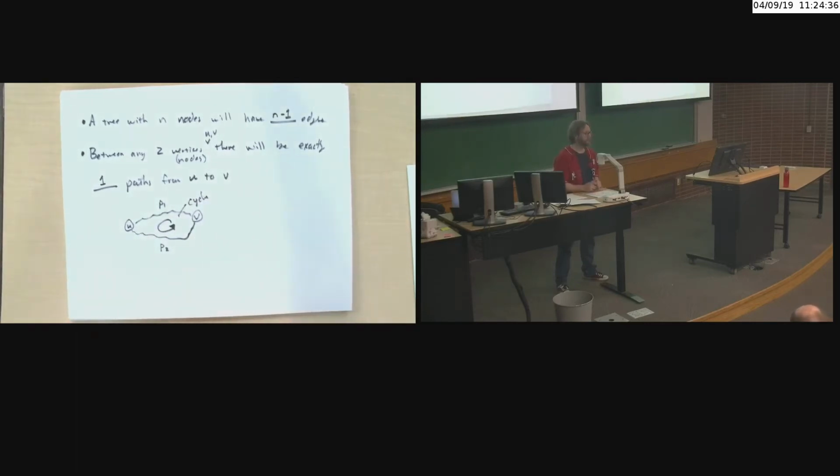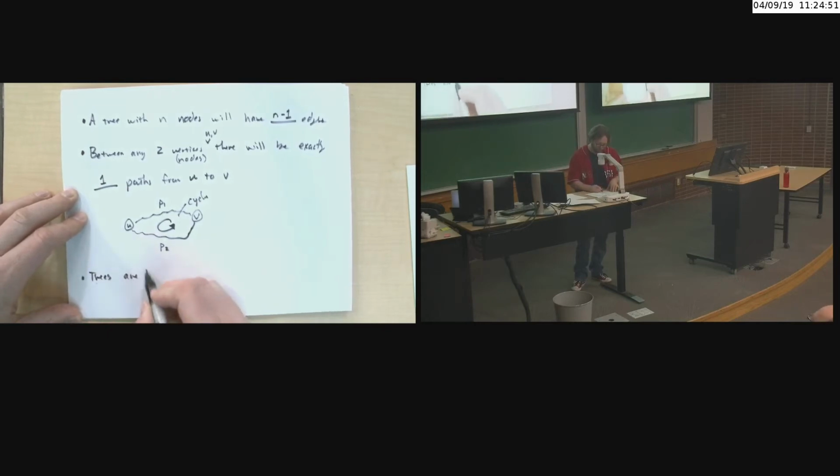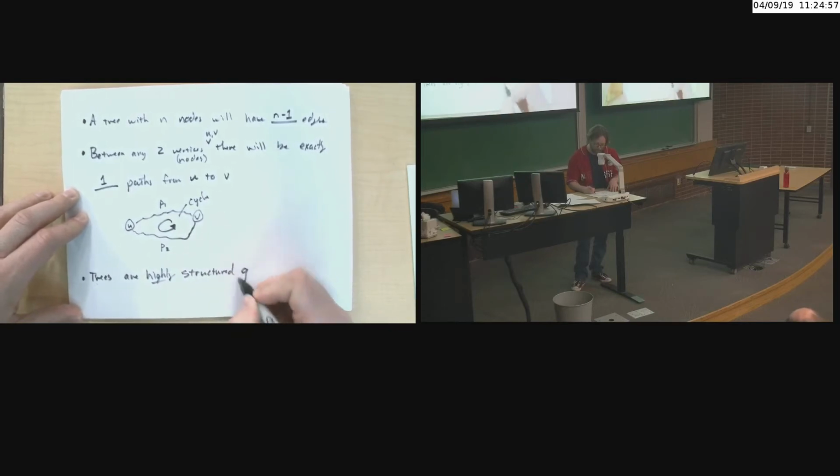And we said that trees, by definition, are graphs with no cycles. So between any two vertices, there is exactly one path. Very highly structured here. All right? So trees are highly structured graphs.